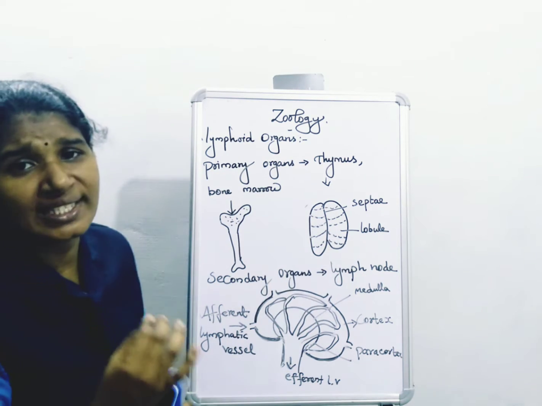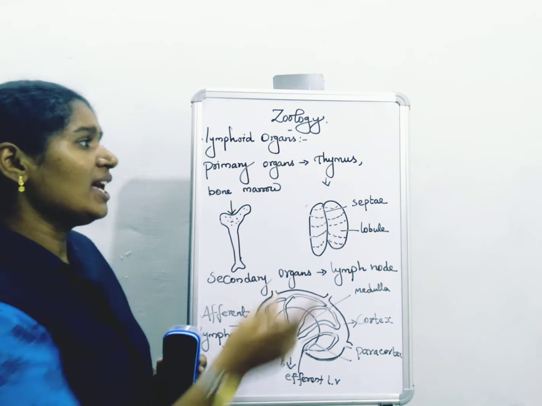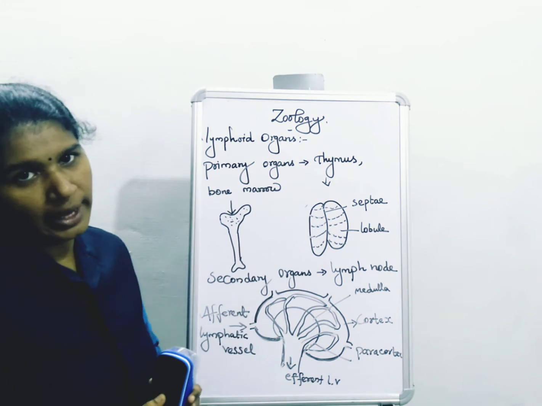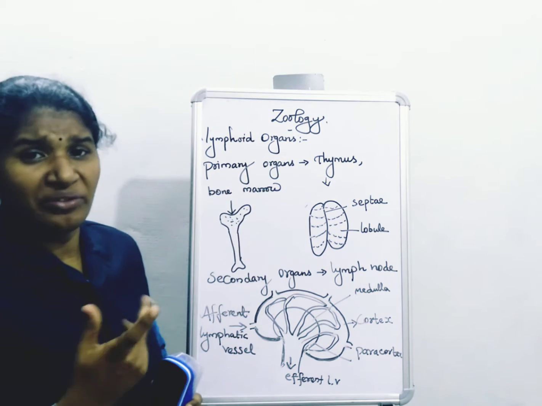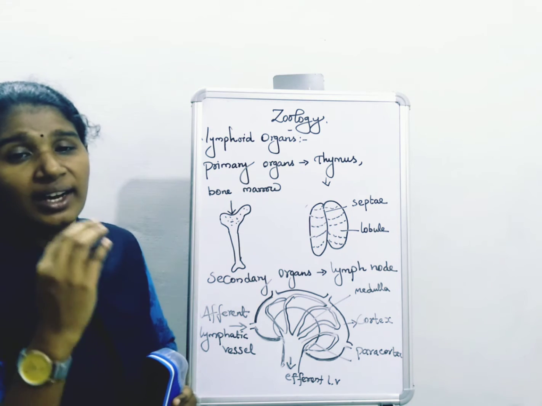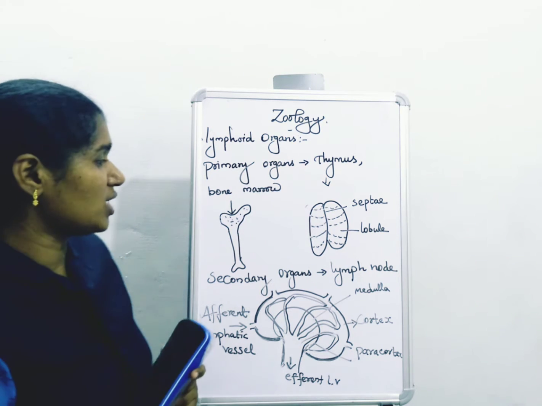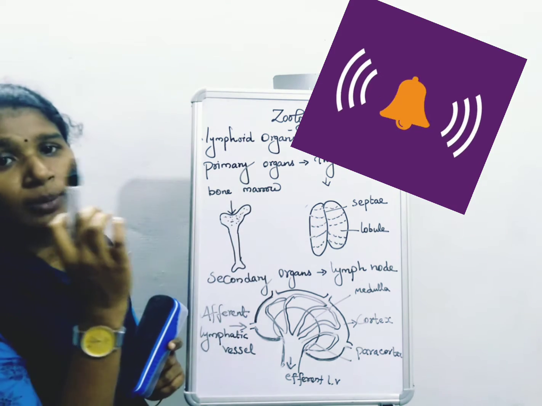Now we are going to see some examples of the primary lymphoid organs in our body, like thymus and bone marrow. Everyone knows bone marrow. It has an outer very hard region, and inside it contains a spongy structure called bone marrow.